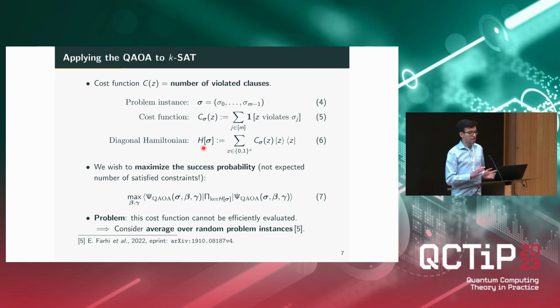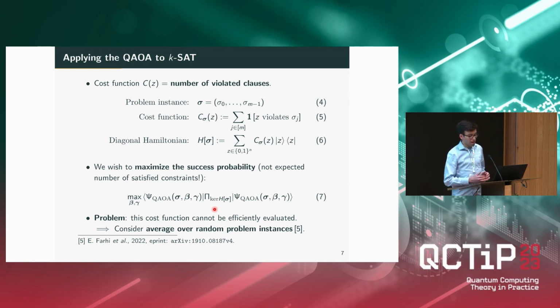And we implement the ansatz using that. However, once we have prepared our variational trial state, we're not going to optimize the expected number of satisfied or violated constraints, but rather the success probability of QAOA on this problem. So we really want to optimize the probability of finding a satisfying assignment. That's in equation 7.